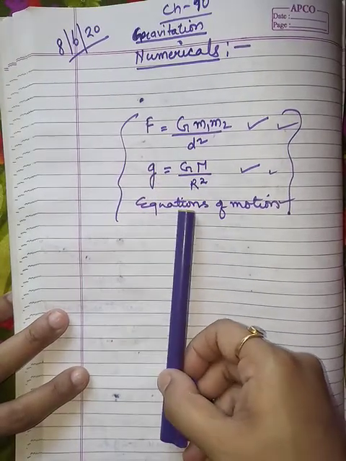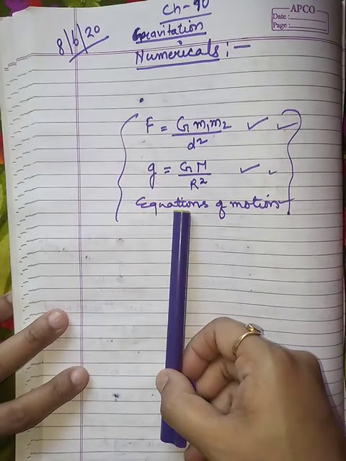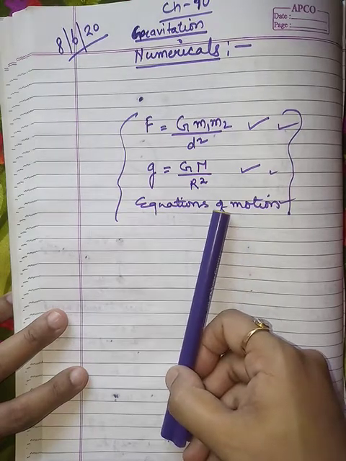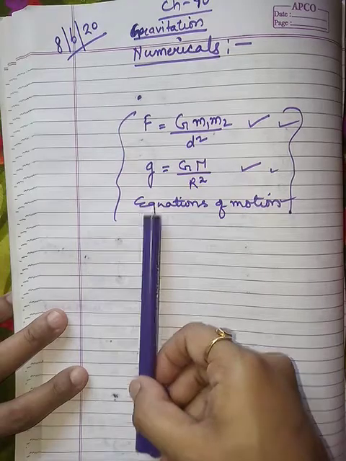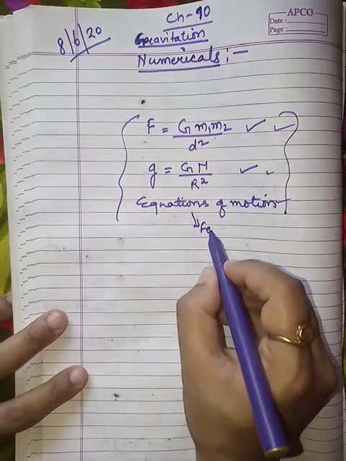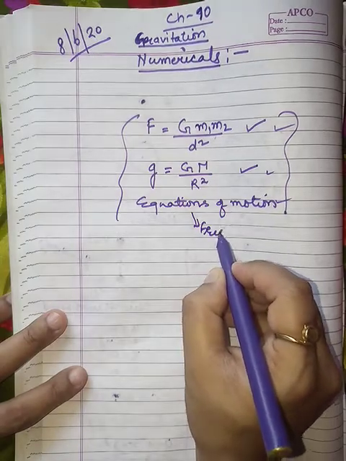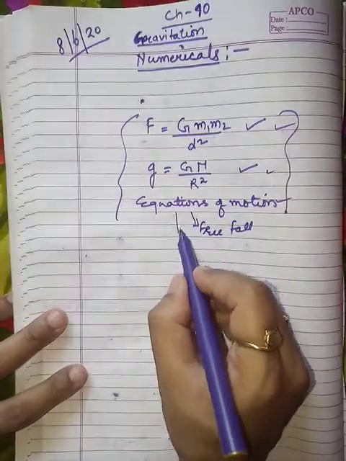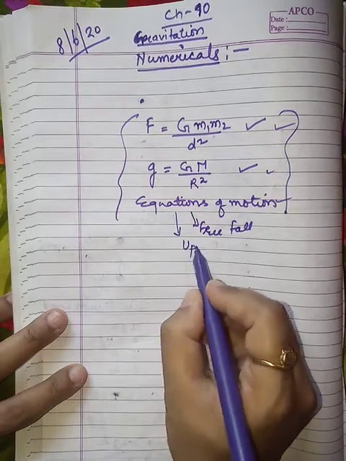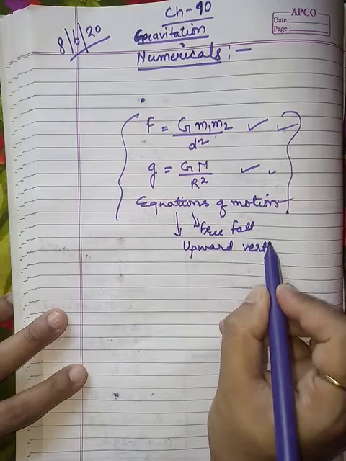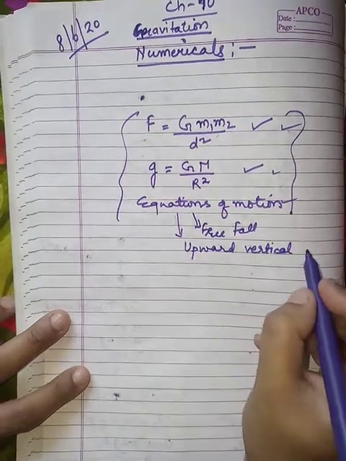Next we have discussed the equations of motion. How do equations of motion change for an object which is falling freely, that is for free fall, and for an object going upward in the vertical direction.